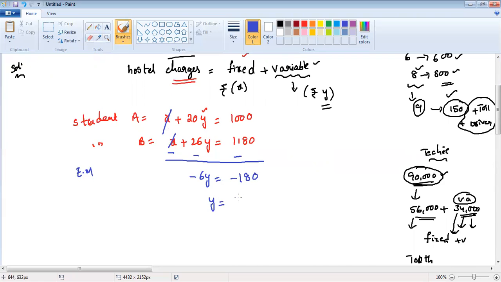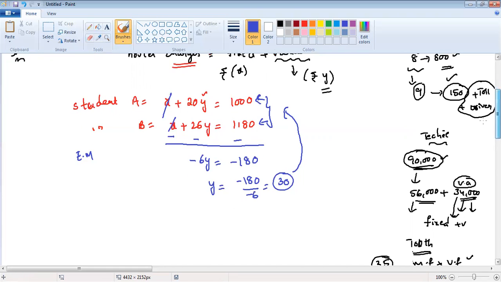So y is equal to minus 180 by minus 6, which gives 30 rupees. This y value, you can substitute in either equation.